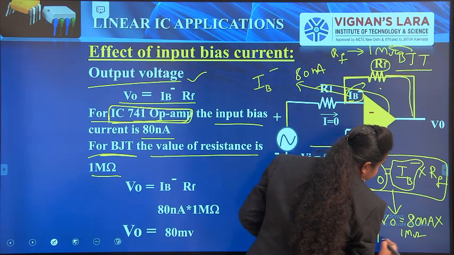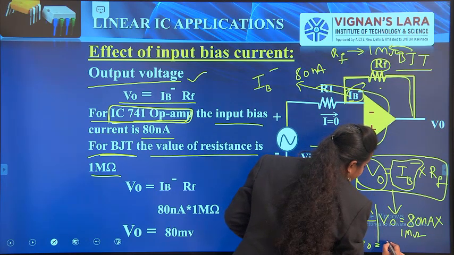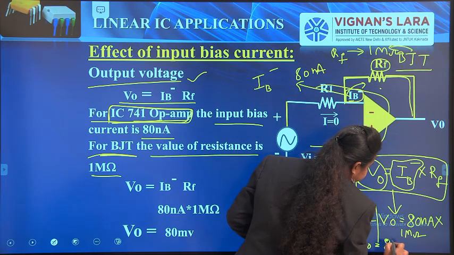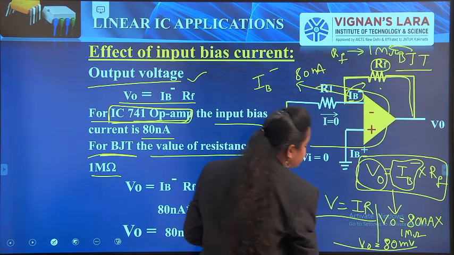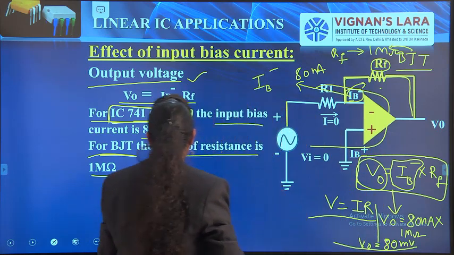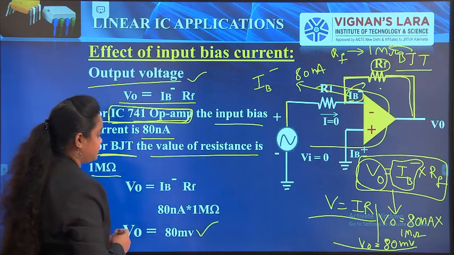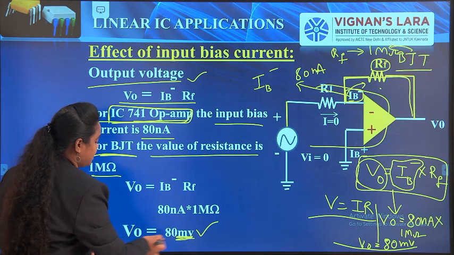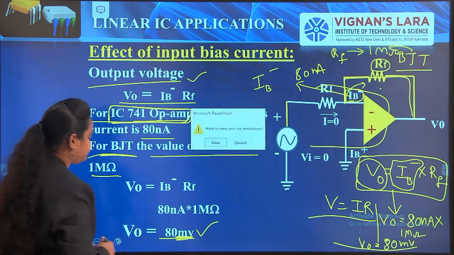Then we get V naught equal to 80 millivolts. This 80 millivolts is a serious issue while calculating the output.